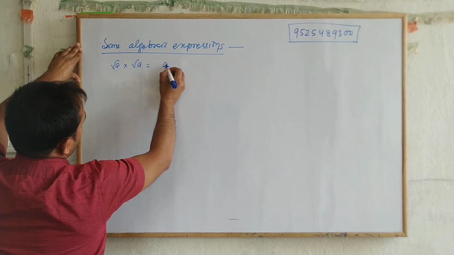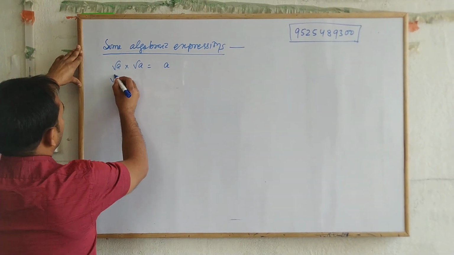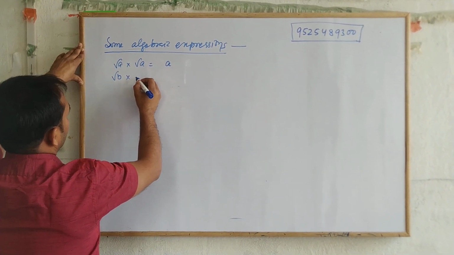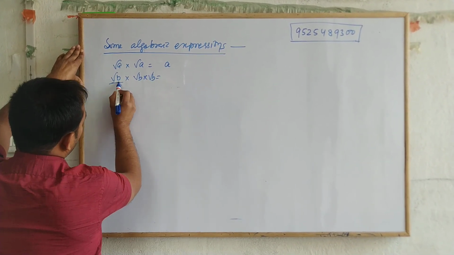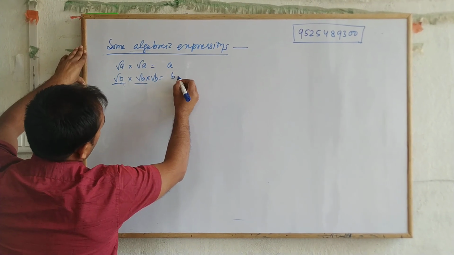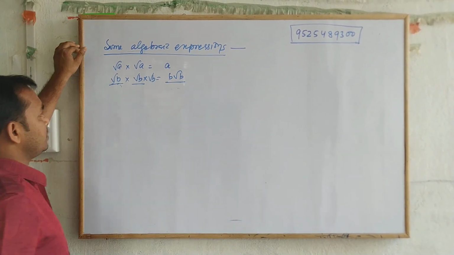Here: root A into root A is equal to A, and root B into root B is equal to B.